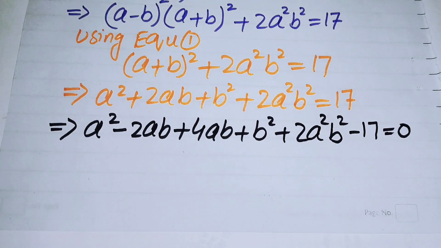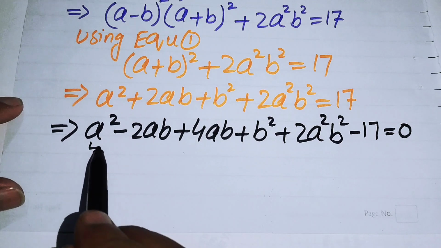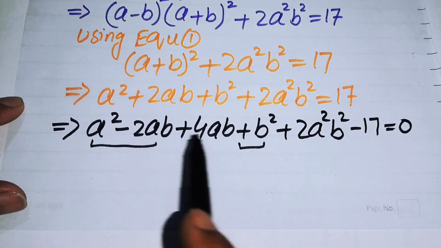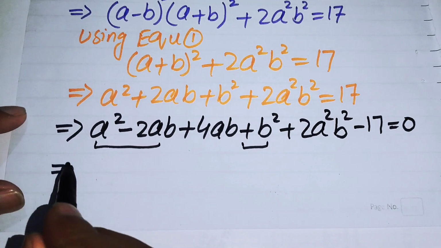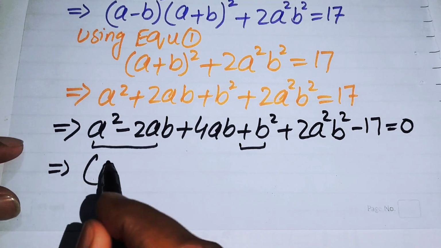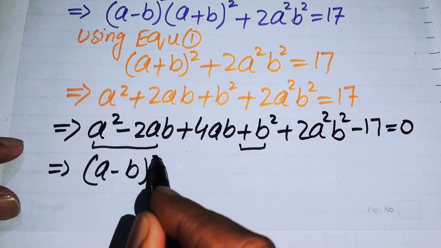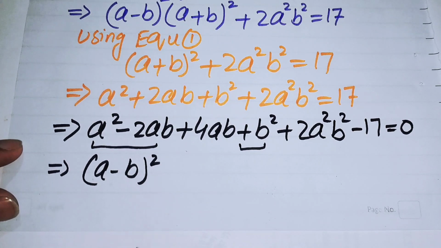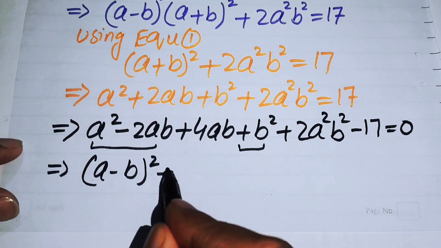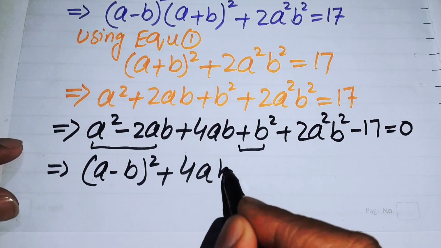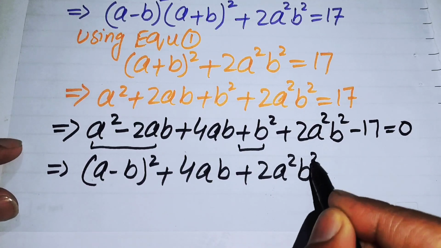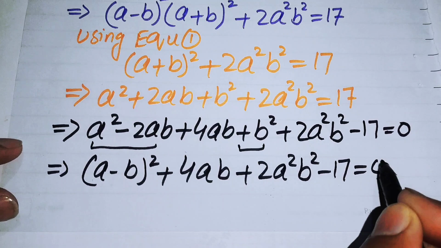In the next step you focus on this term a^2 - 2ab + b^2. When we combine these three terms, it becomes the complete square of a - b. So here we again get (a - b) whole squared. After that we have plus 4ab, and plus 2a^2b^2 minus 17 equals 0.